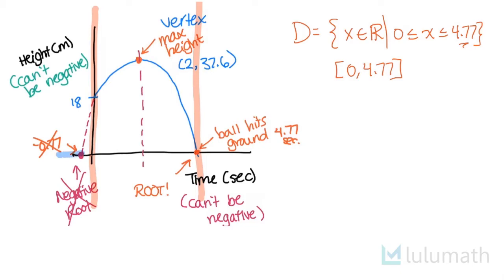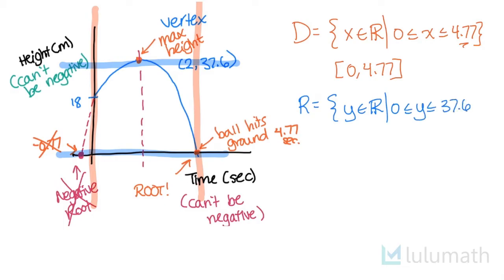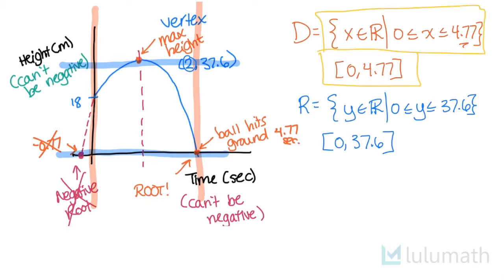Then our range is from 0 all the way up to our maximum height of 37.6. So our range is y is an element of the reals such that 0 is less than or equal to y is less than or equal to 37.6, not the 2 because that is the x value. Or we could say from 0 to 37.6 inclusive, and this is an exact answer, so it's not as tricky. These are our values for domain and range that are restricted by the real world.